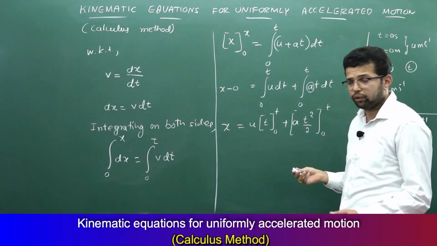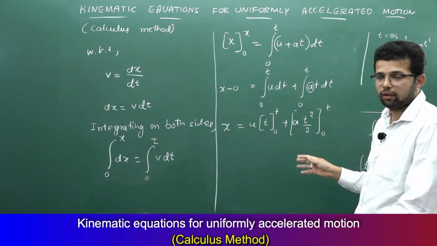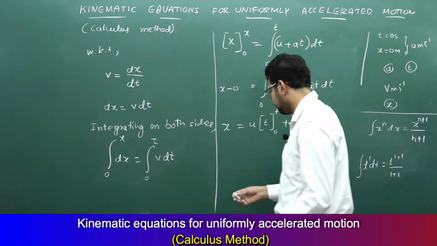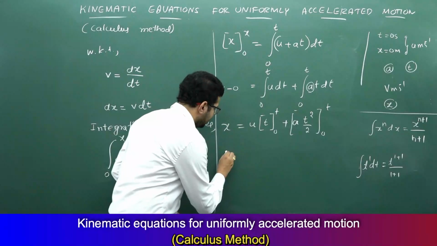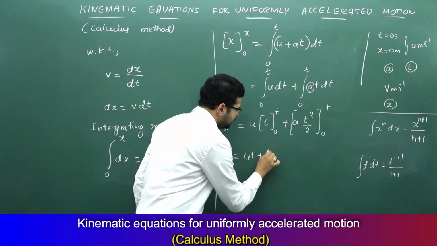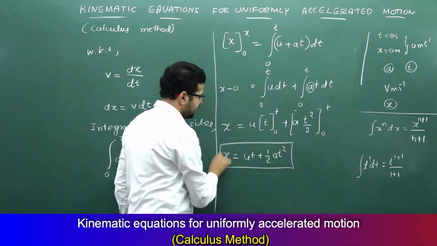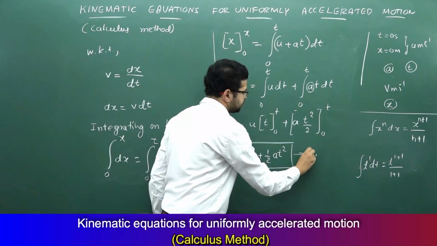I have already told you, if the lower limit is 0, you can just ignore the lower limit substitution. So, we get x is equal to ut plus half a t square, and we got the second equation of motion.